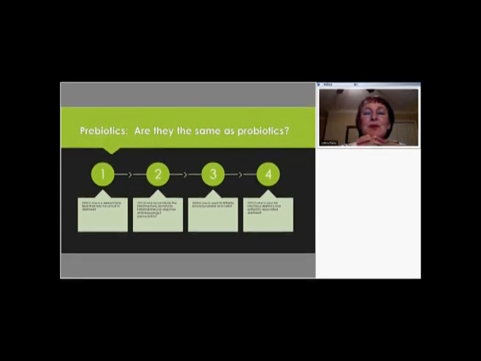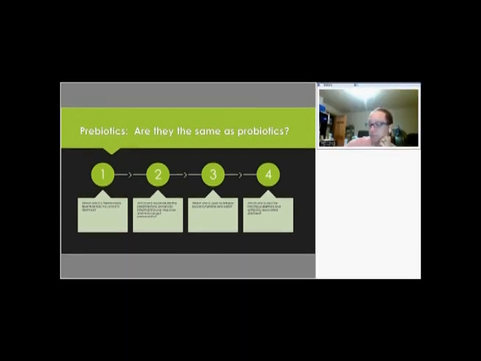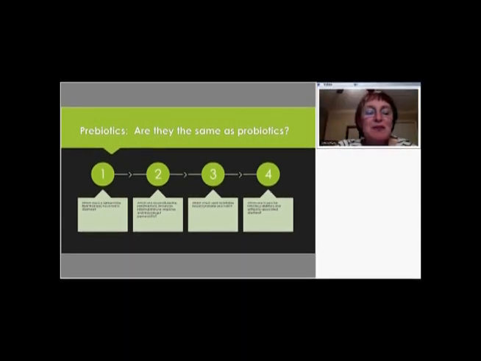Probiotics, right. Which one reconstitutes the intestinal flora, enhances the immune response, and reduces gut permeability? Prebiotics.